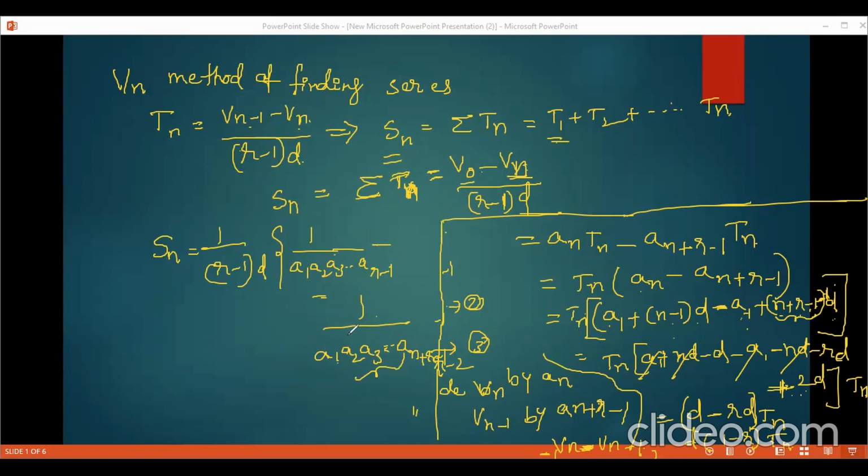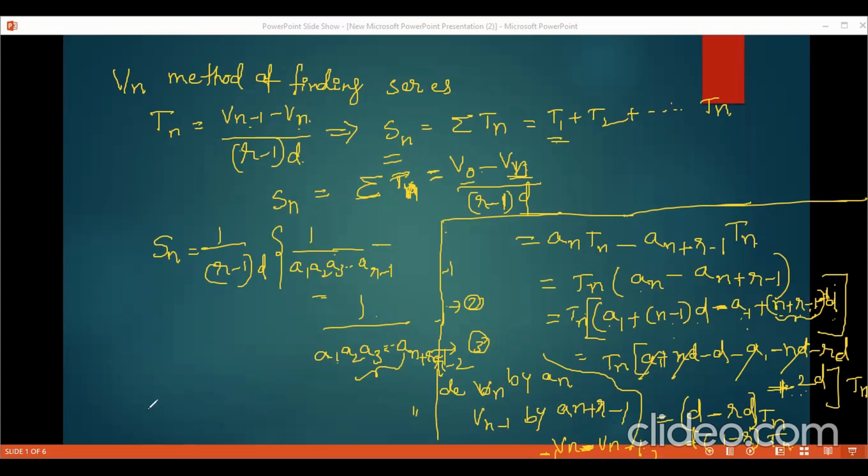Understood? So now we take one example so that you will get a clear picture. So the final answer: Sn is equal to sigma Tn, that is V naught minus Vn by r minus 1 into d, or 1 by (r minus 1) into d into [1 by a1, a2, a3, so on, a(r minus 1), minus 1 by a(n plus 1), a(n plus 2), so on, a(n plus r minus 1)]. Understood? Yes.